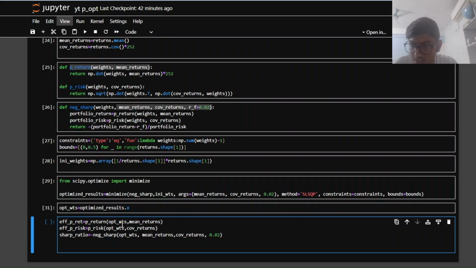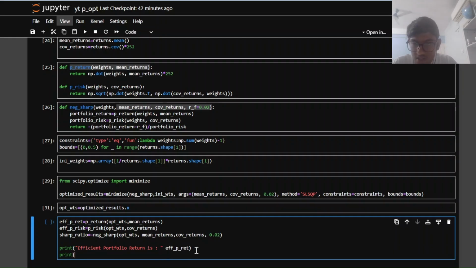And now let's just print these things. So print efficient portfolio return is EP return, right?